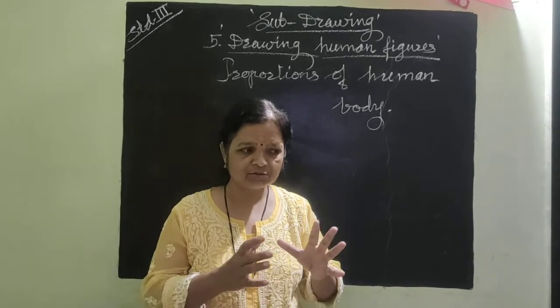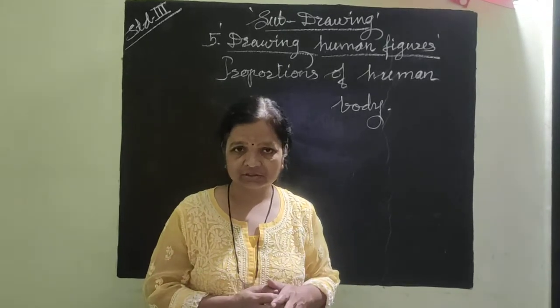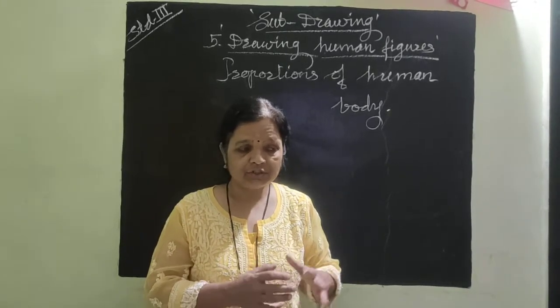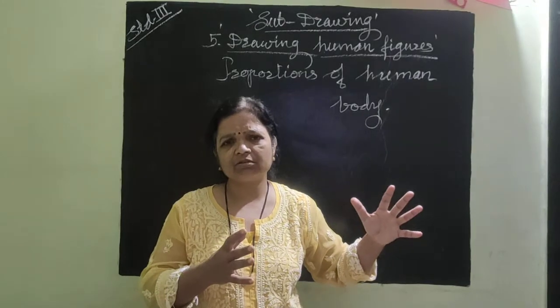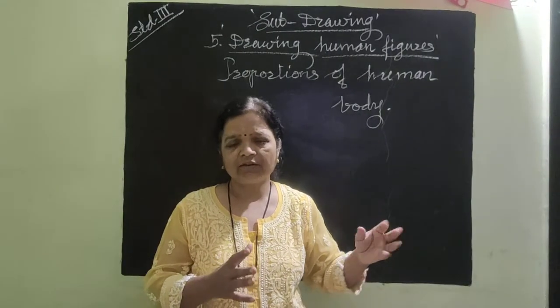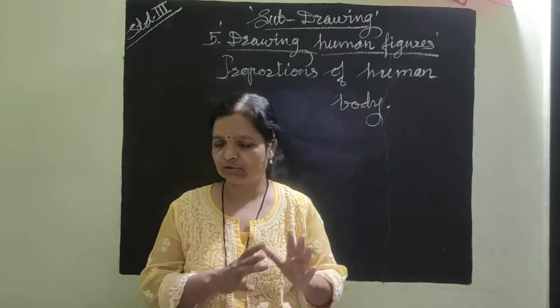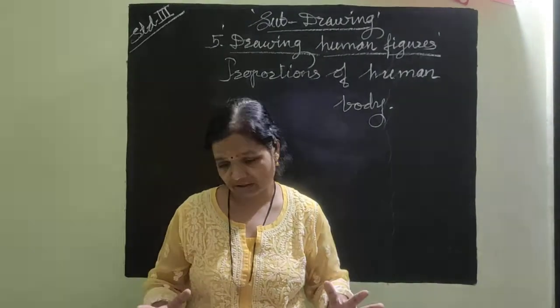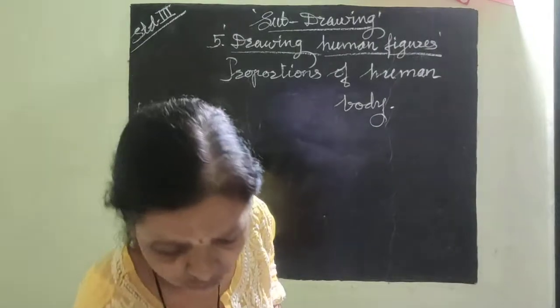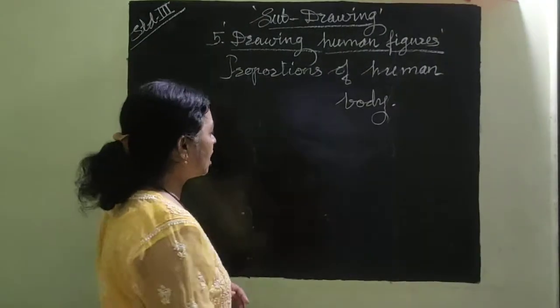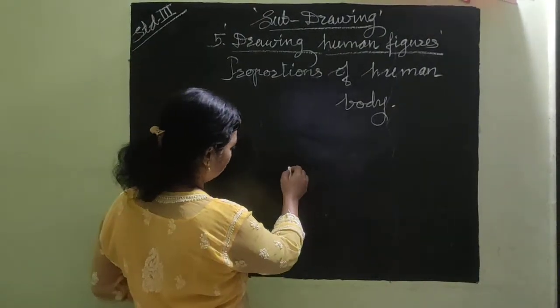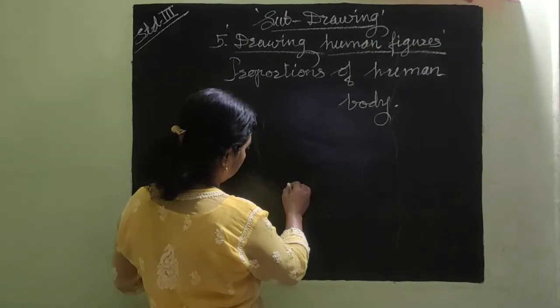So if we try to draw an elephant and we draw a very big body and very small head, the small head is not proportionate with that big body. Understand? So why are the proportions needful for drawing?